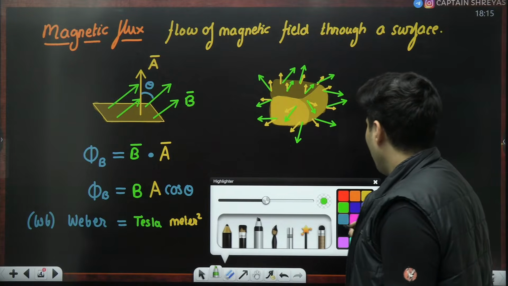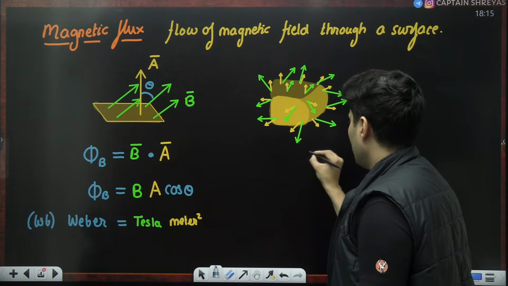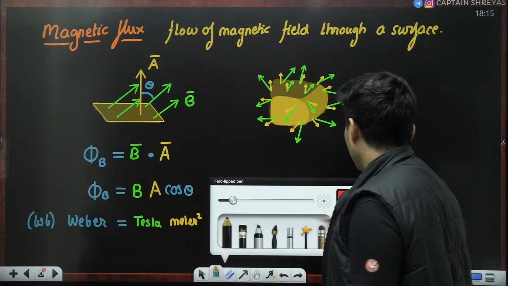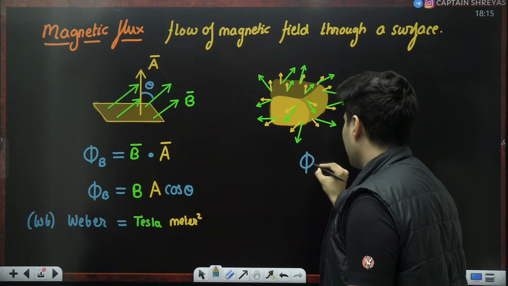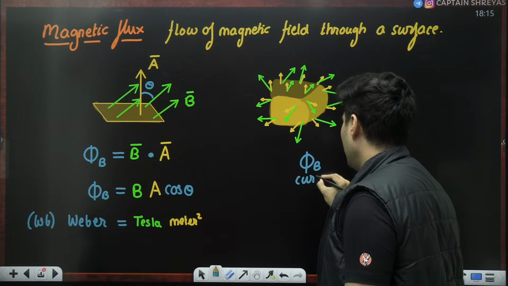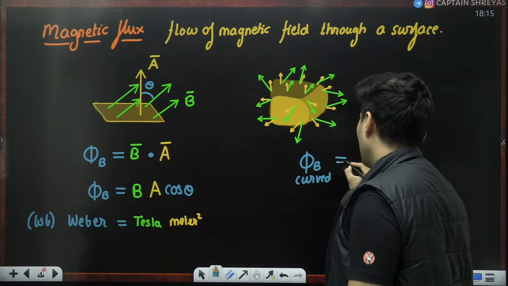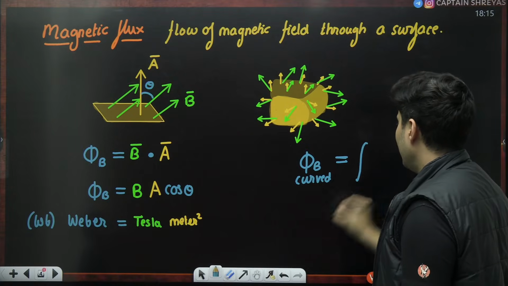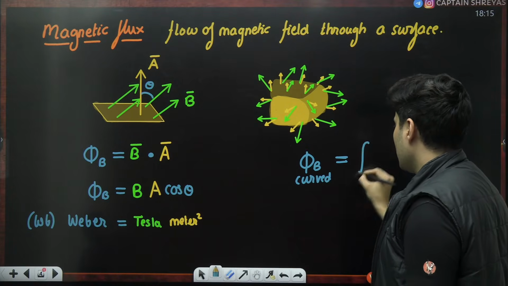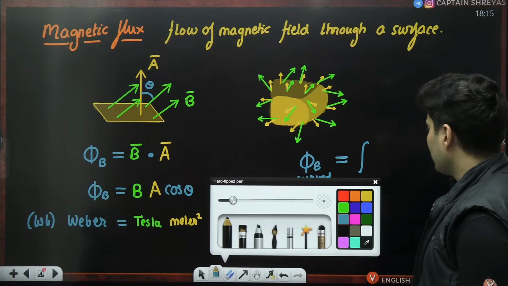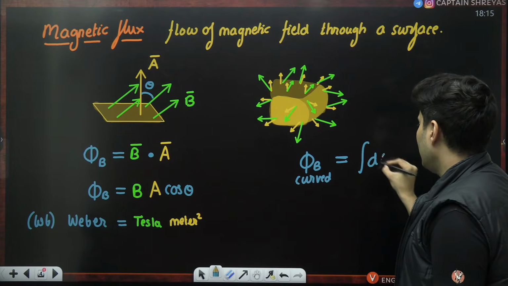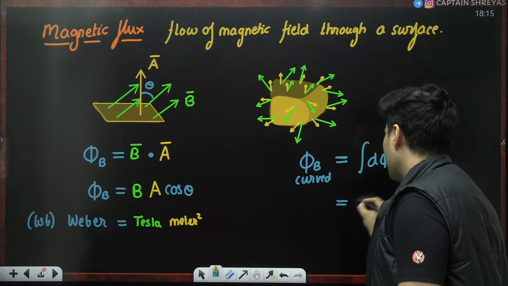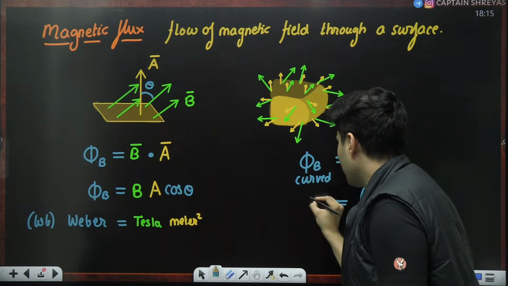So the total magnetic flux for any kind of curved area will be nothing but, now we'll have to do integration, obviously, because there will be many small magnetic fluxes. So integration of d phi, where d phi is the small flux through any such small area.